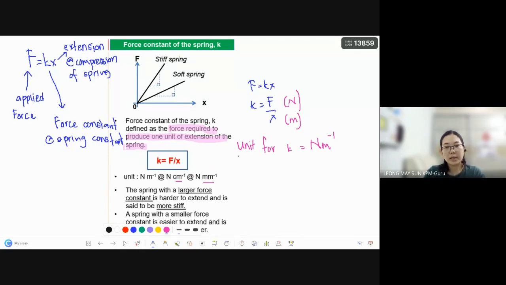Okay, so what does this mean? Let's go to analyzing this. K equals F over x. If the spring constant is a big value, it actually means that higher force is applied.